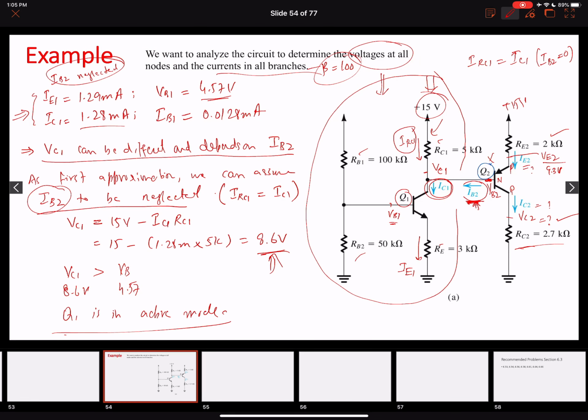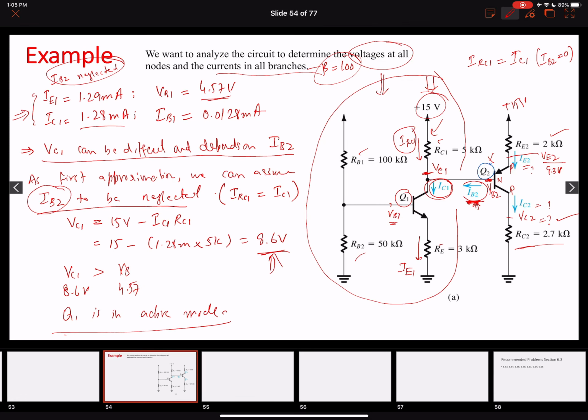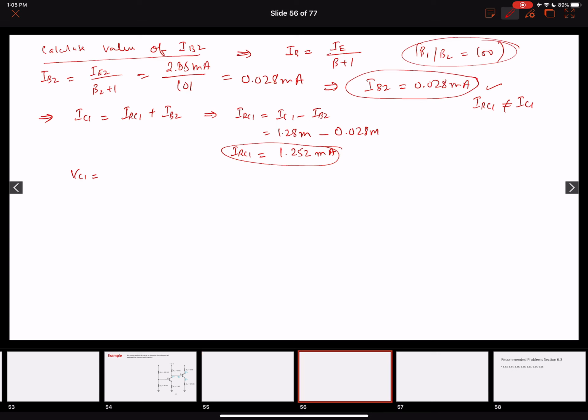Since we have a different current flowing through the RC1 resistor, this means that the collector voltage for the transistor Q1 will also change. Now let's find the value of the collector voltage, VC1. VC1 can simply be figured out from the circuit as 15 volts minus IRC1 into RC1.